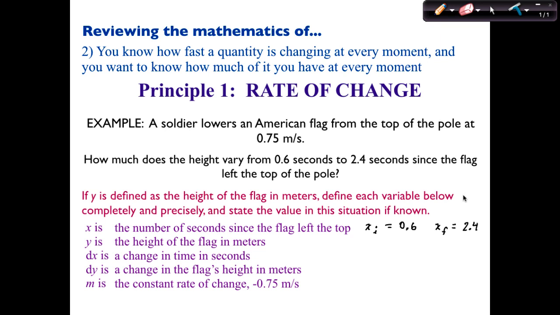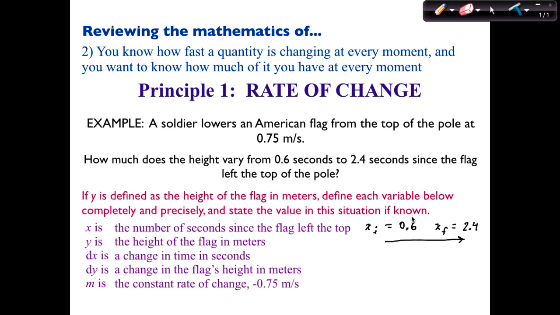But what about just x in this situation? How could we talk about what x means? If it starts at 0.6 and ends at 2.4, then what value does x take on? Not the variation, that's dx. It could be the final, it could be the initial, it also could be all of them in between, good. Variables vary.